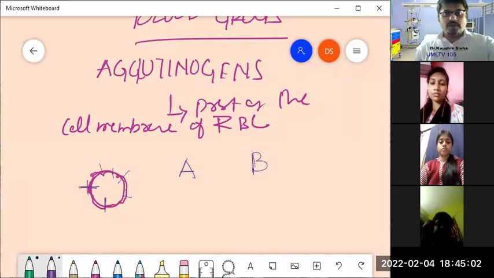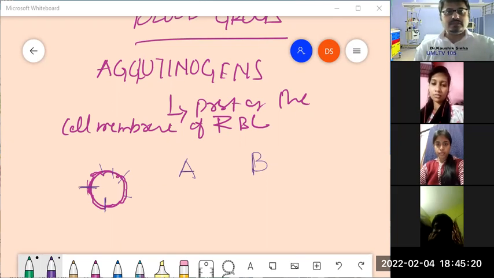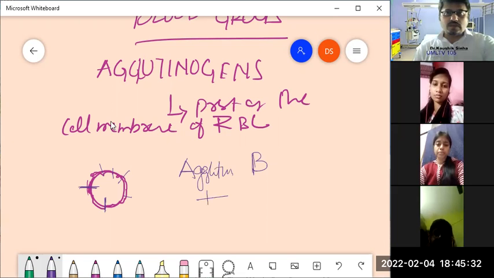Now, if there be an A agglutinogen, in that case, the specific type of blood having the A agglutinogen would be having an anti-A agglutinin. Let me repeat. The A agglutinogen comes with anti-A agglutinin.